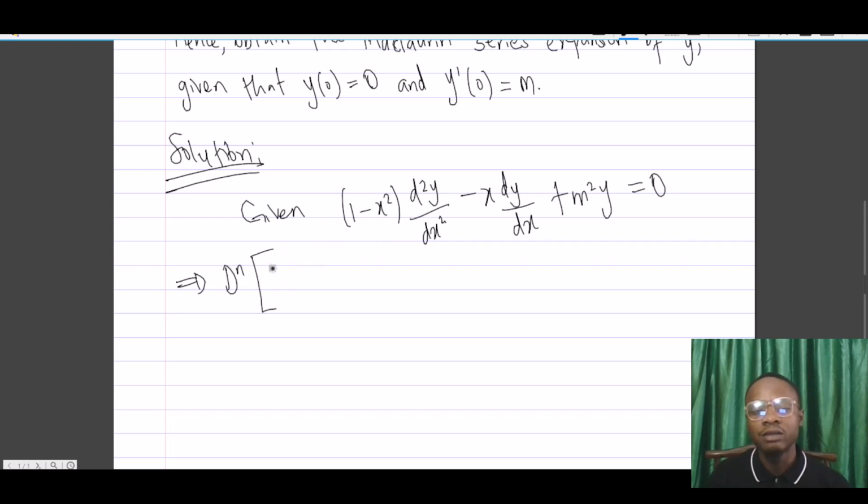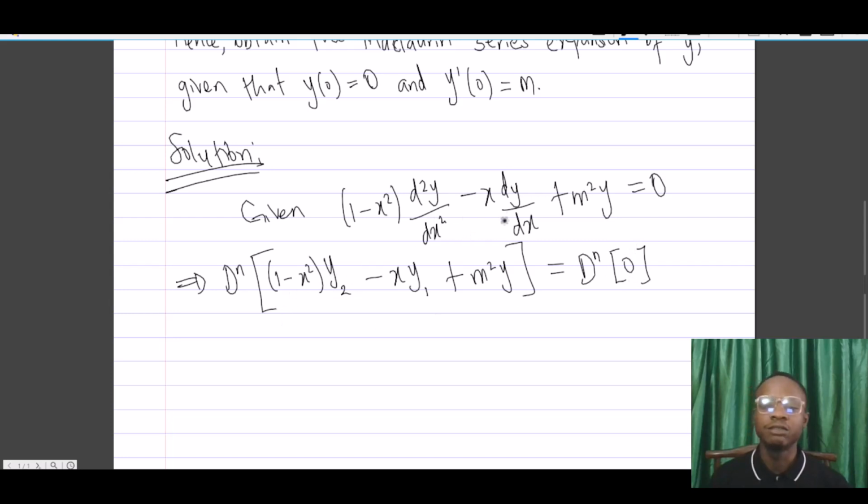This is the nth derivative of (1 minus x squared) into y sub 2, that is what we mean by d squared y/dx squared. Then minus x into y1, or y prime if you like. Then plus m squared y is equal to the nth derivative of 0. Okay. So we'll just take the nth derivative of both sides.